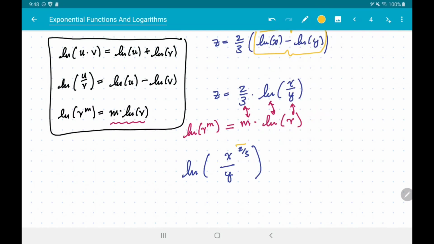Let me draw it like this: apply the power 2/3 to the x, then divide the result by y, which is not what we want. We want power 2/3 applied to all of v. That is, we want to do this, which means we need those parentheses. Let me put them in the correct color. There we go. So that is how to put together that example.